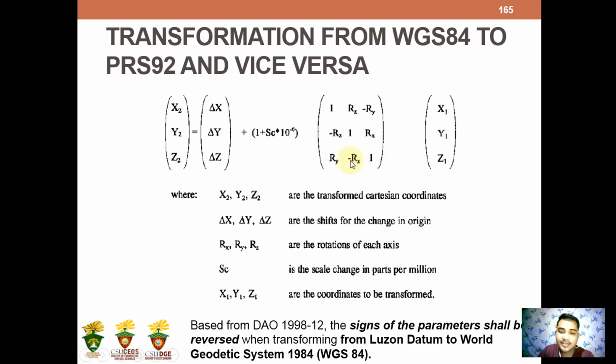The last tip for memorizing the 3x3 matrix is to denote the first column as X, the second column as Y, and the third column as Z. For the fourth and last tip, since 1 already occupies the X column in the first row, only y and z remain, so we just interchange them: RY goes in the Z column, and RZ goes in the Y column.